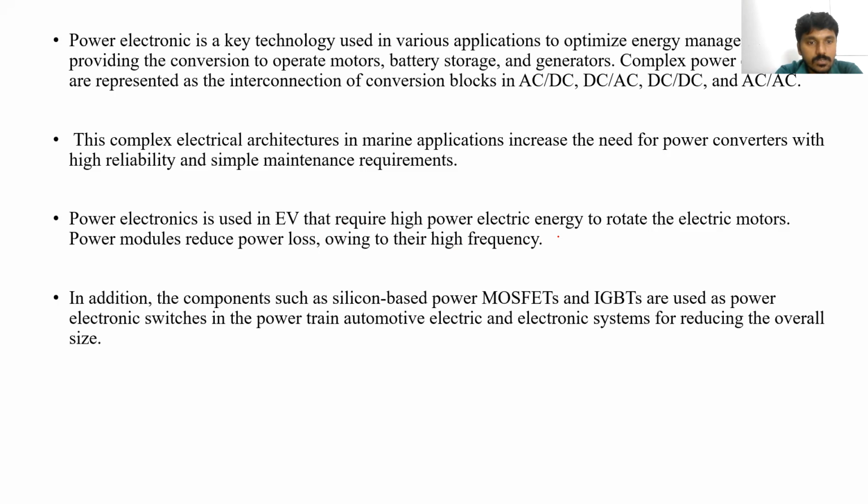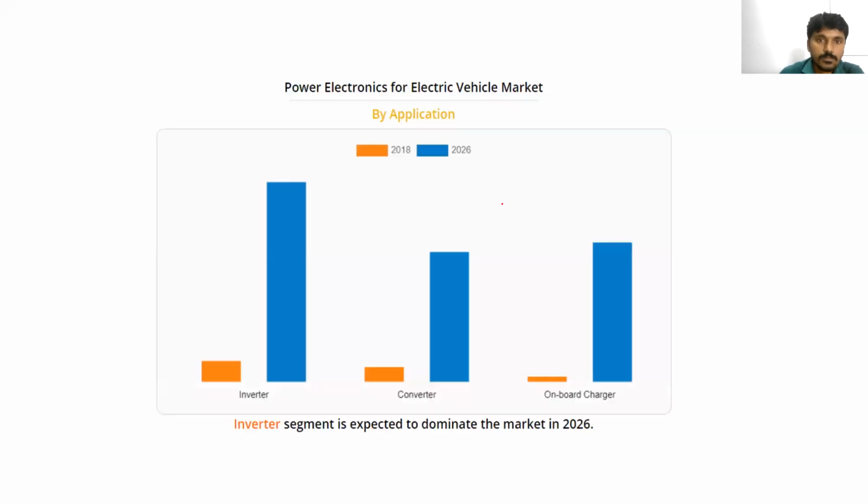In addition, components such as silicon-based power MOSFETs or IGBTs, we use the MOSFET and IGBT in order to operate at high frequencies, as power electronic switches in powertrain, automotive, electric, and electronic systems, reducing the overall size. So you can see here the power electronics for the electric vehicle market.